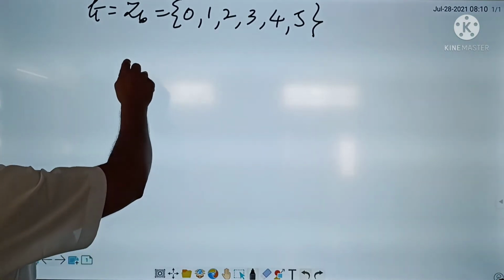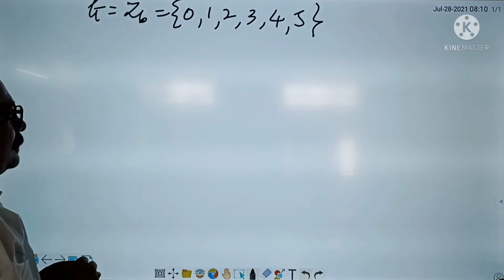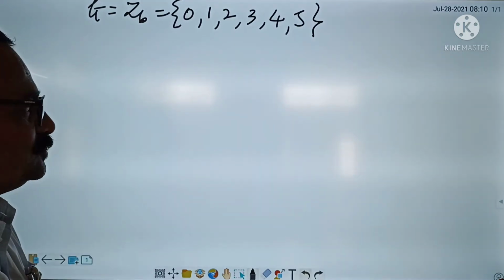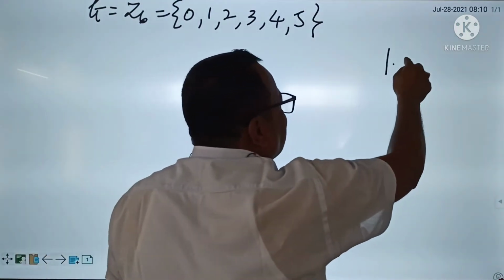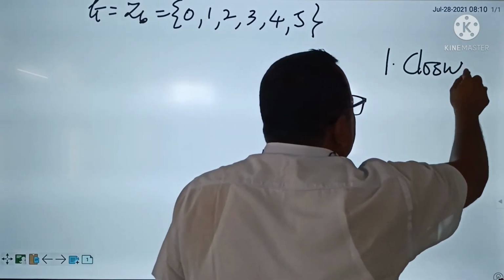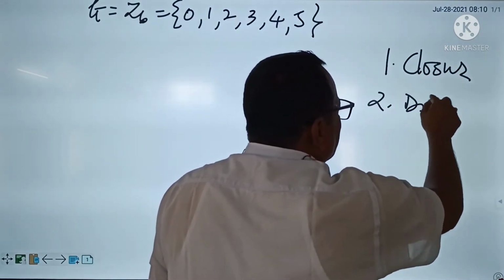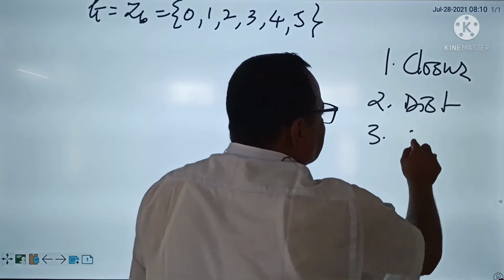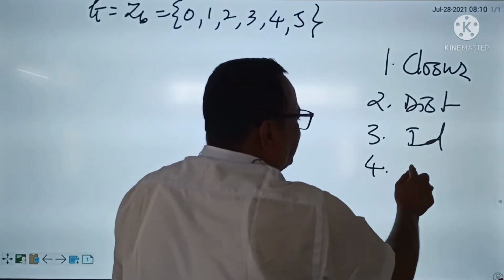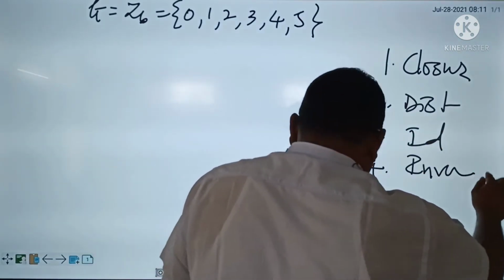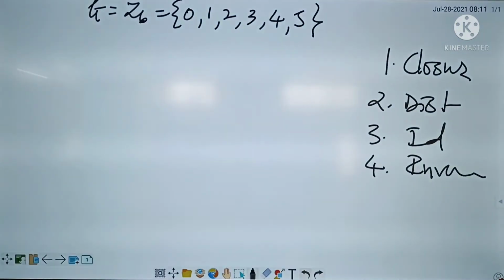Okay. So to prove this is a group, there are 4 axioms. We know that. The first is the closure property. Second is the associative property. Third is the existence of identity. And fourth is the existence of inverse. You know this one. So closure means what?